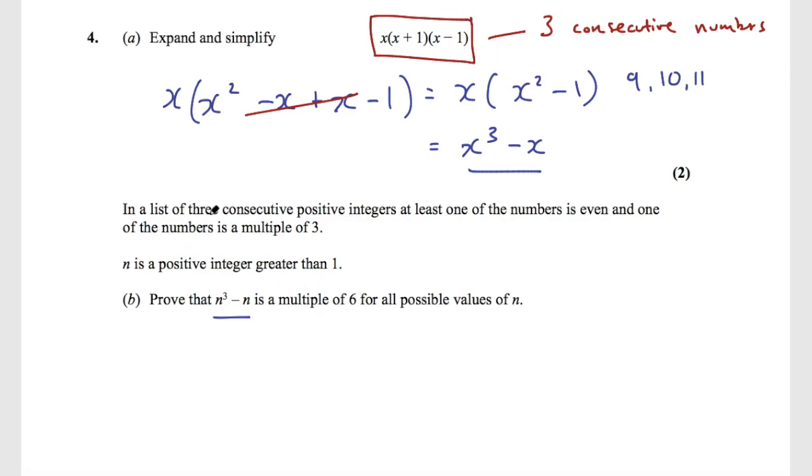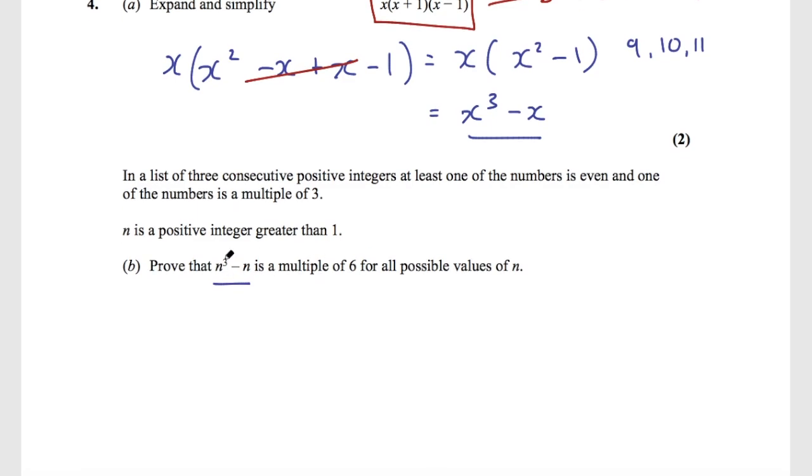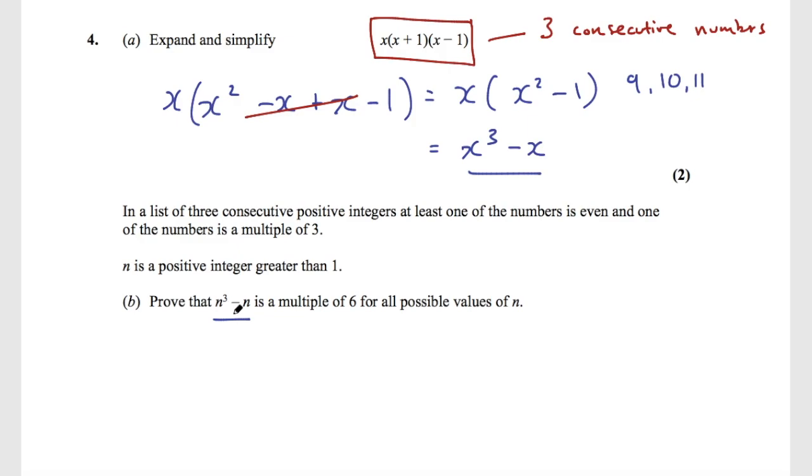They've told us that any three consecutive numbers, one is even and one is a multiple of 3. So this expression also represents three consecutive numbers. And there's something you should also know about multiples of 6. If something is a multiple of 6, it needs to be divisible by 2, and it needs to be divisible by 3 as well.